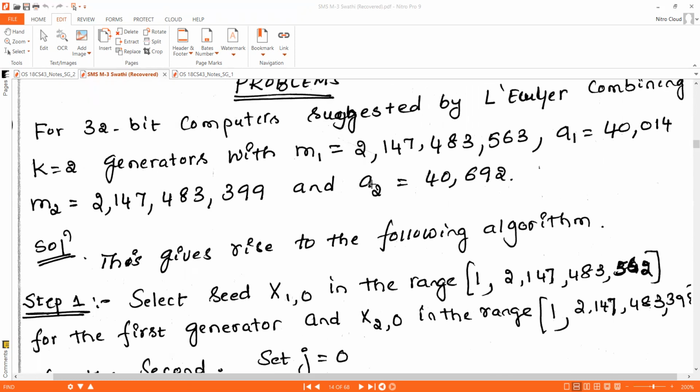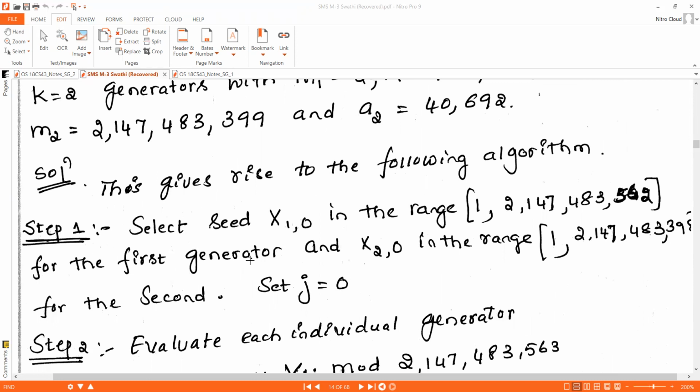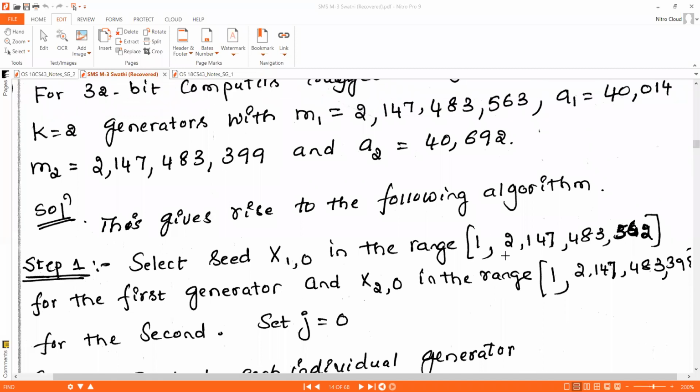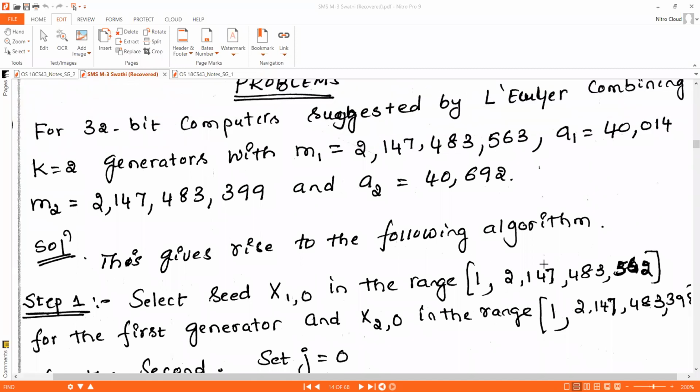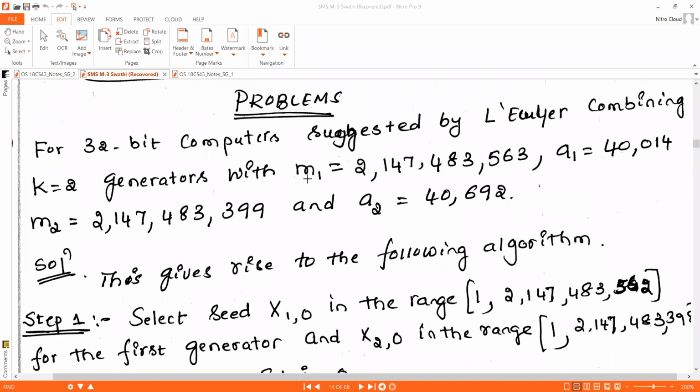We are substituting these given values in the formula, using the algorithm. First, select the seed value x1,0 in the range of 1 comma m minus 1, that is, 1 comma m1 minus 1.